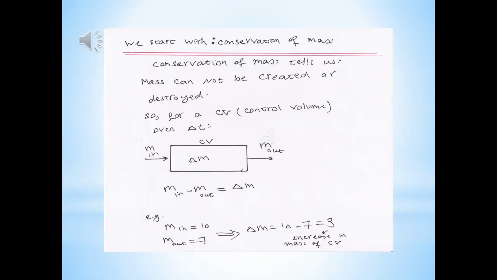If these two don't balance, the difference goes to change of mass of the system. So m in minus m out is delta m of the system. For example, if there are 10 units of mass going in and 7 units going out, 10 minus 7 is 3. That is the increase of mass inside this control volume or system, whatever the system is.